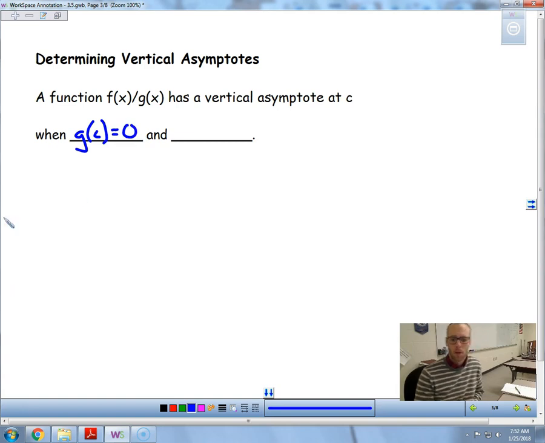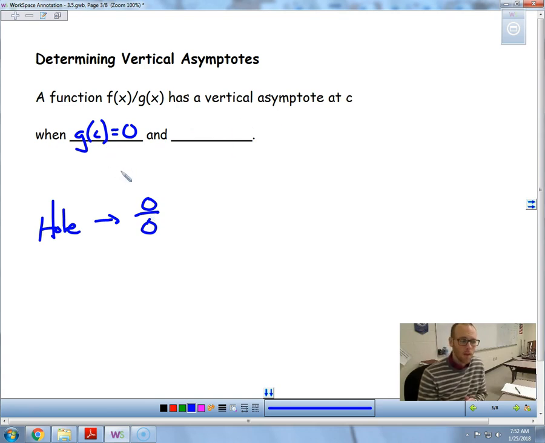But we have to recall the difference between a vertical asymptote and a hole. Remember, holes happen when we have 0 divided by 0, when it's indeterminate. We have vertical asymptotes when it's undefined. So we're going to say there's a vertical asymptote at c when g of c equals 0, but f of c does not equal 0.